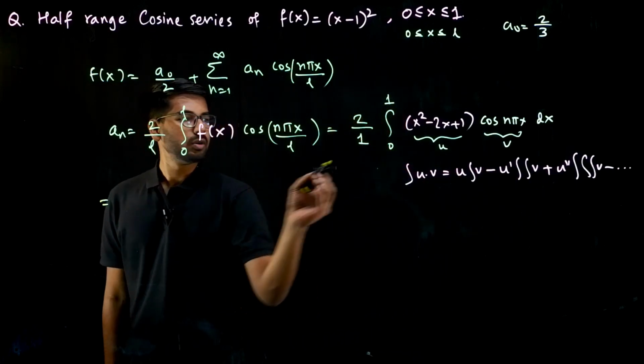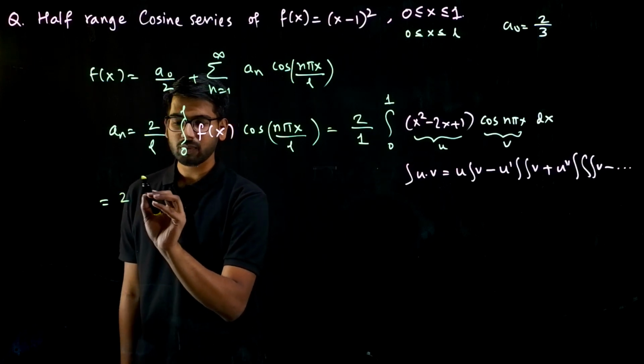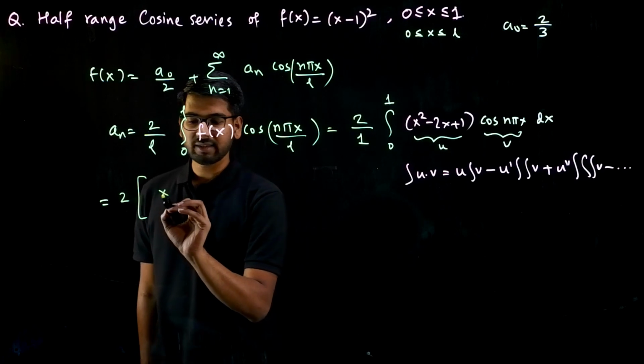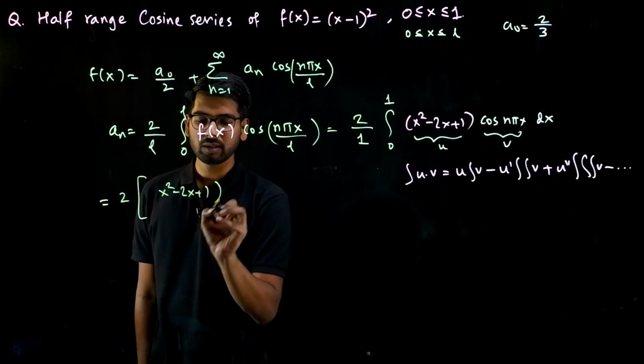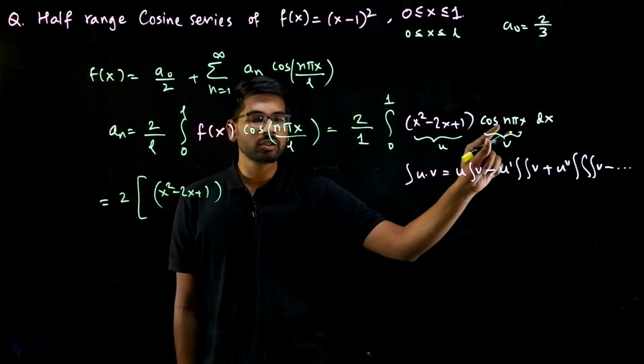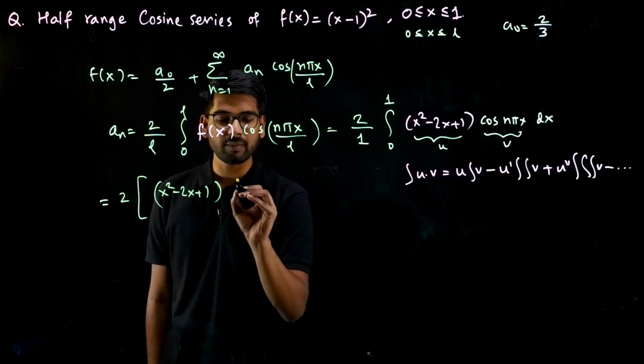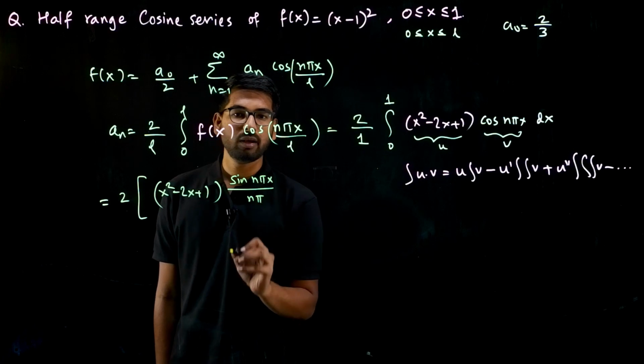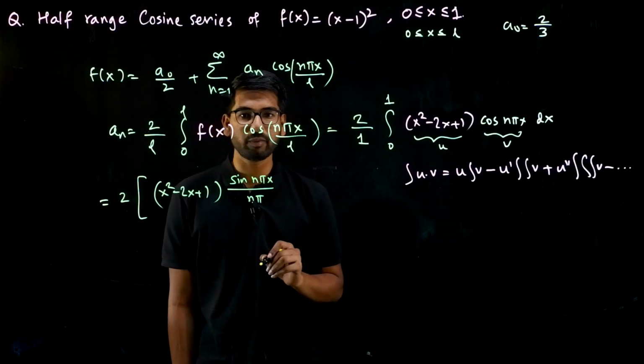Integration: 2 I'll keep as it is, open a big bracket, u into integration v. u is x square minus 2x plus 1 into integration v. Integration of cos n pi x with respect to x is sin n pi x by n pi. Whatever the coefficient of x, you have to write it in the denominator.